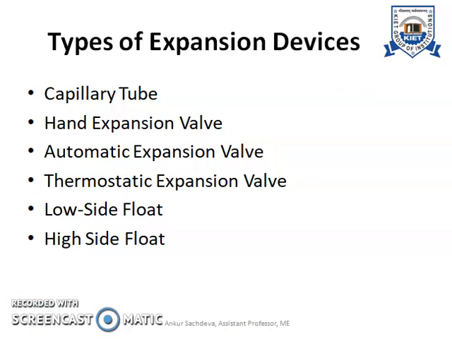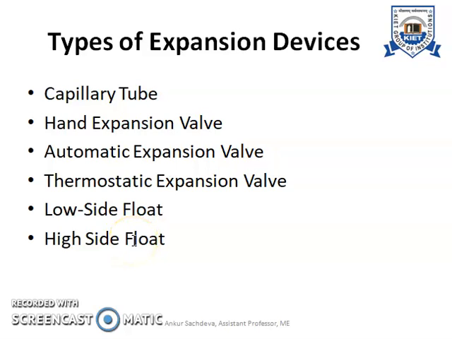Now there are different types of expansion device used in different applications. We have a number of expansion devices, as you can see in the slide. First, the simplest device is the capillary tube, and after that we have the hand expansion valve, which is operated by hand, then the automatic expansion valve, which is a constant pressure type of valve, the thermostatic expansion valve, which is also called a constant superheat valve, and then the two float valves, one is the low side float valve and the other is the high side float valve.